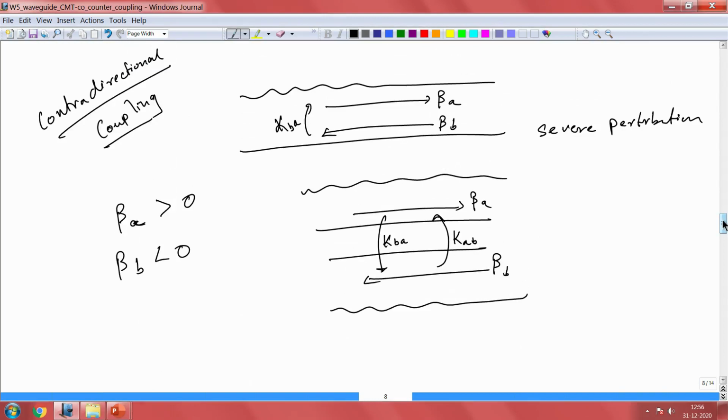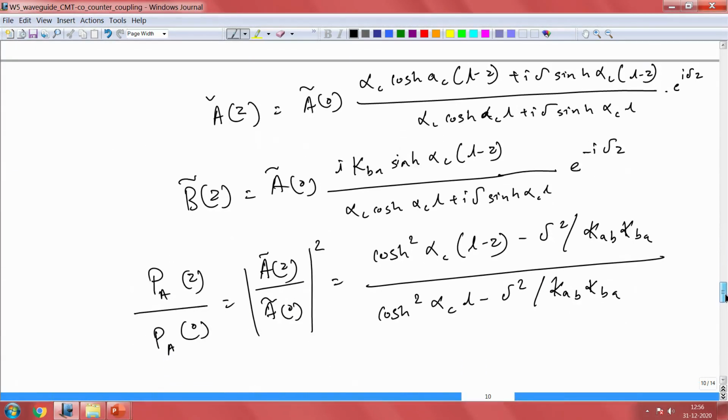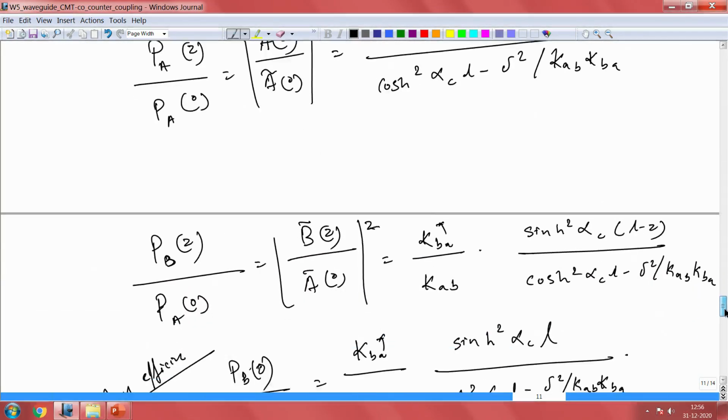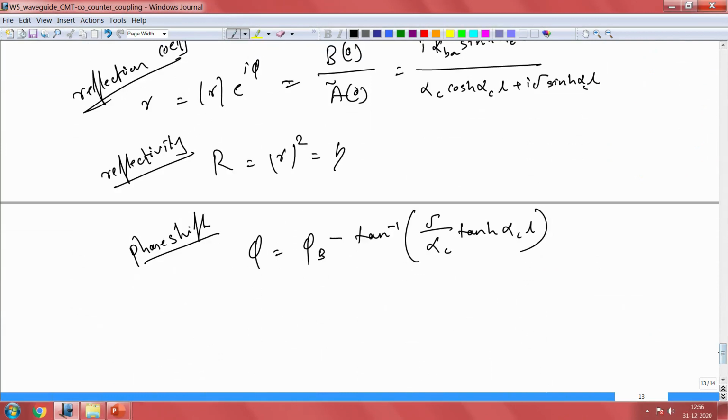So, distributed Bragg reflectors are a concept that we use to make on-chip lasers, and they rely on this sort of coupling. So, it may look complex, but it is very practical. We use this in order to exploit the gain properties in the medium.